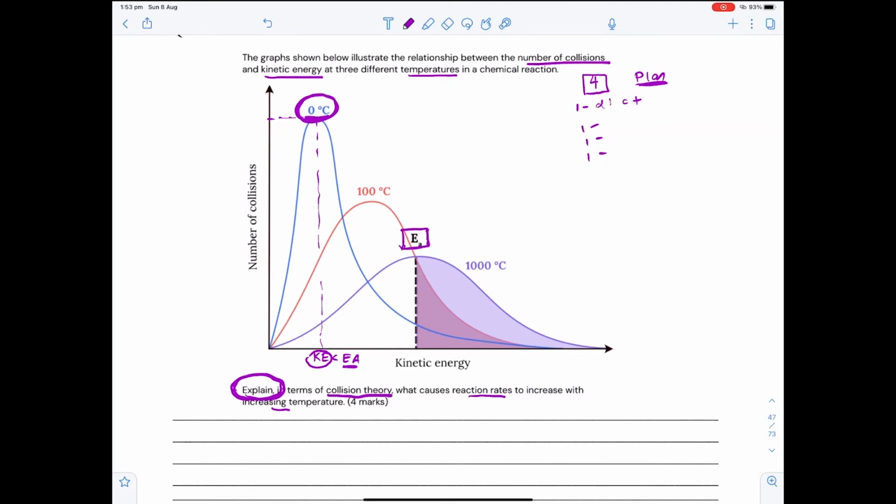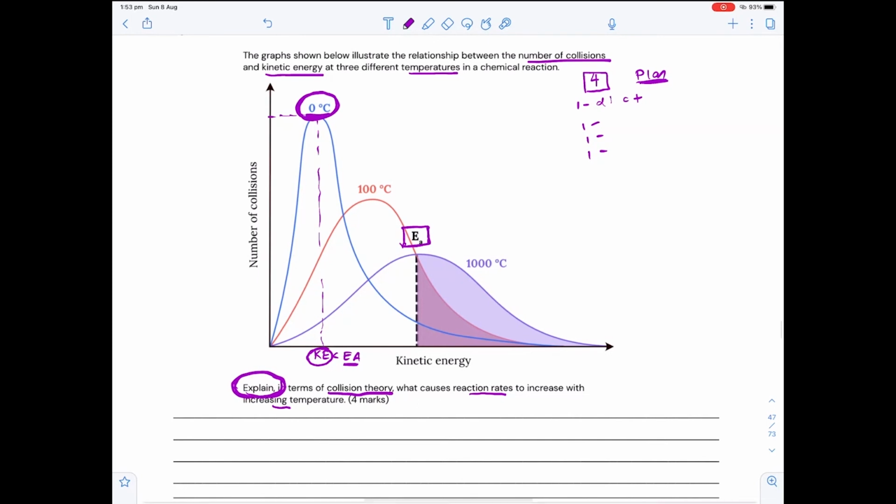Make sense? So what Annette's going to say is at 0 degrees, the energy curve represents the majority of particles have kinetic energy that's less than activation energy. This results in the majority of collisions being unsuccessful according to particle collision theory. As a result, there will be a low rate of conversion from reactants to products.